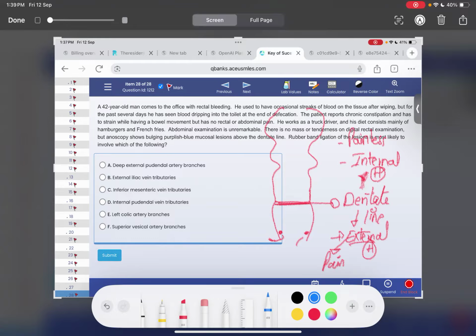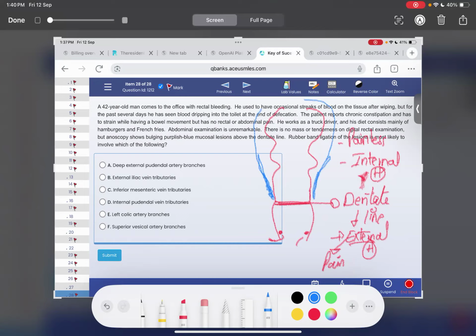Hemorrhoids are basically the bulging of the vein. Basically, this is supplied by the portal system, through the rectal veins.